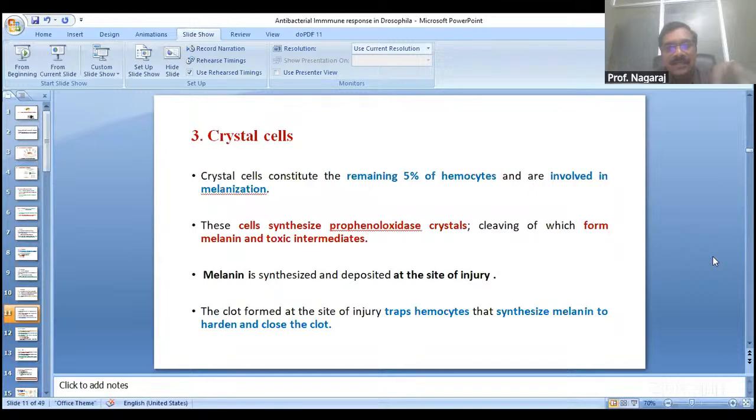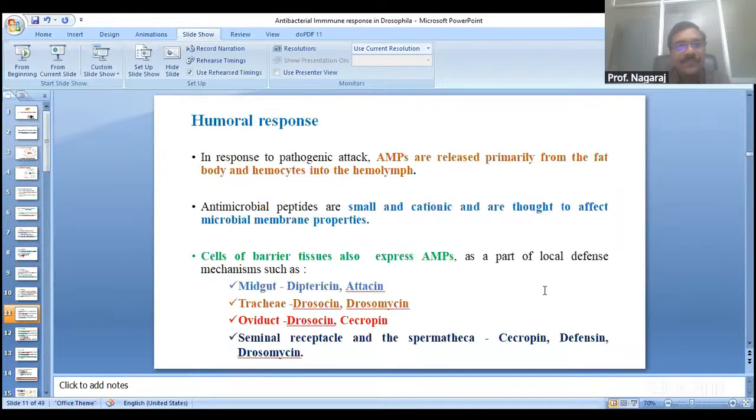At that site it traps the pathogens, by synthesizing the prophenoloxidase crystals, cleaving of which forms melanin and toxic intermediates. That is what you see at the site of injury or infection. That was about the cellular response.